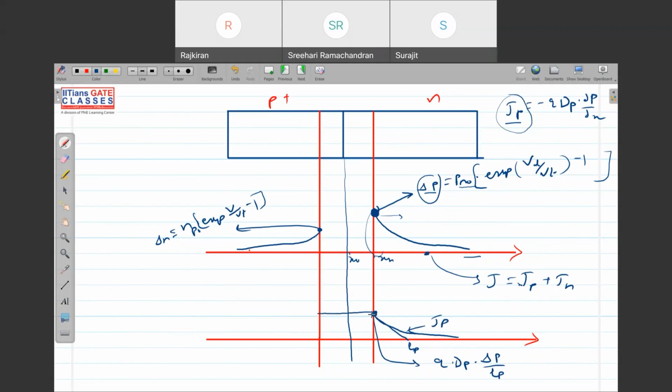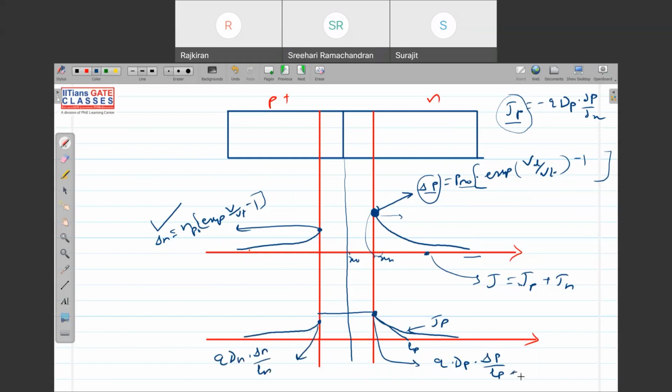This is my Jp. Similarly, if I want to plot the current due to electrons on the N side, it will also be exponential, and the current exactly at this point will be q Dn del n by Ln.